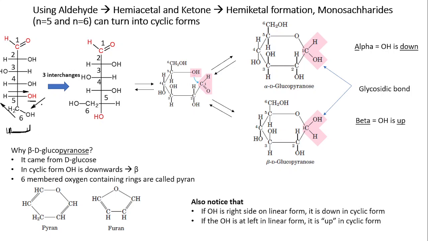So what we do here is called a three-group interchange. In this interchange, H moves here, OH moves to this position, and CH2OH moves to this position, as if you are rotating a bond here. So you are interchanging these groups in a clockwise manner.